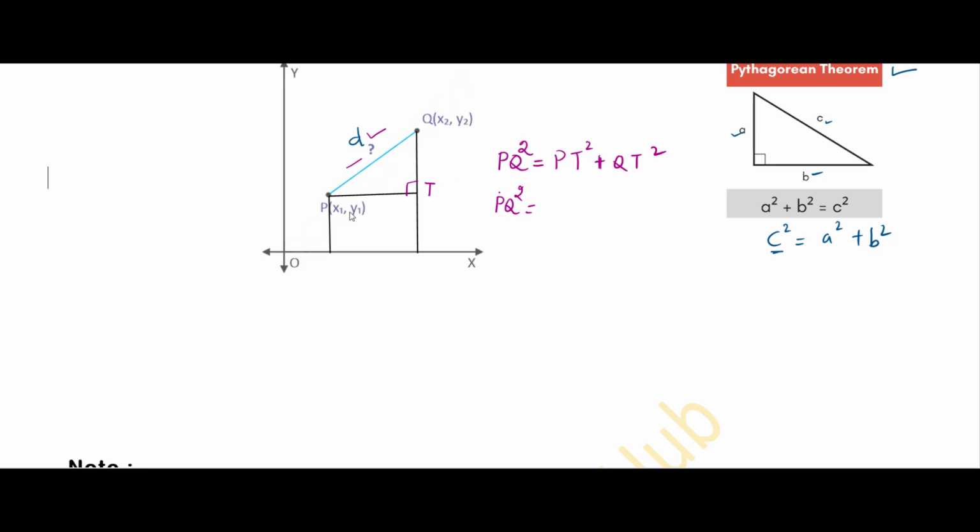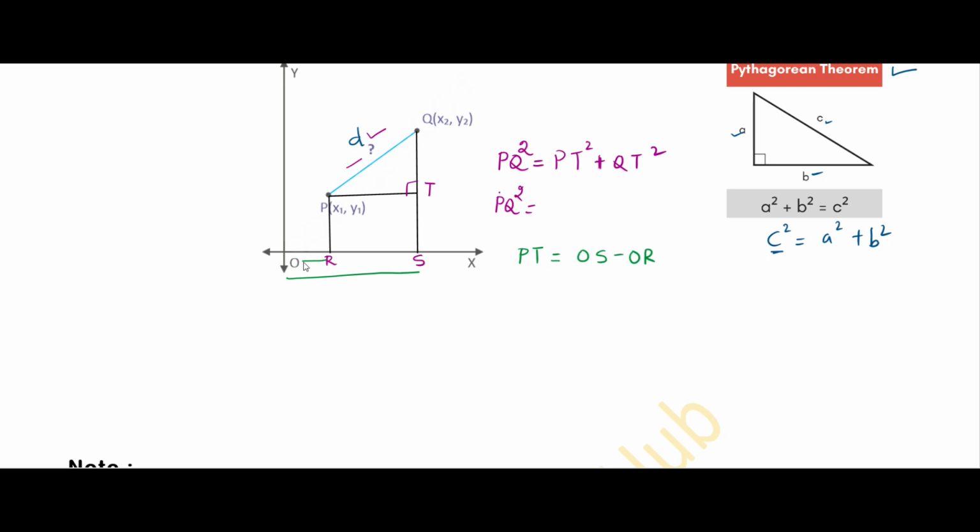Now consider the points R and S. Students, now the distance PT equals OS minus OR.